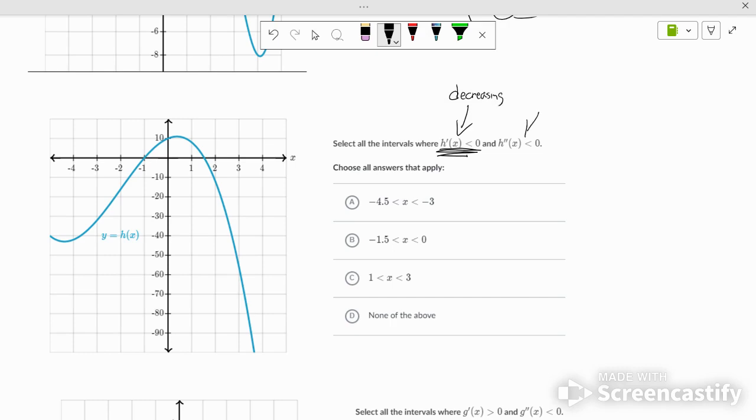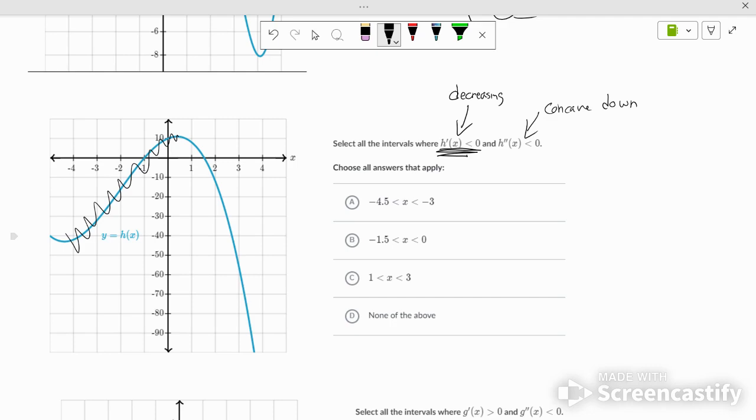And where is it concave down? We want to see where it's decreasing and concave down. Well, I can easily say that this part doesn't matter to me. Why? Because it's increasing. So I need to be decreasing and concave down.